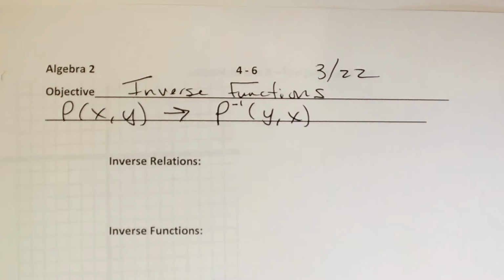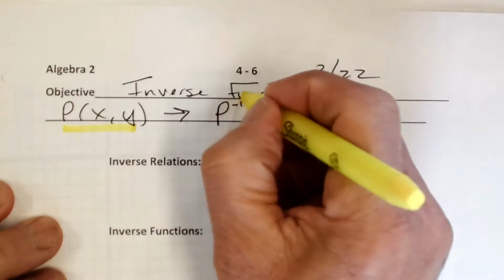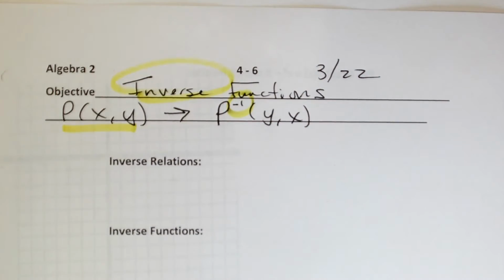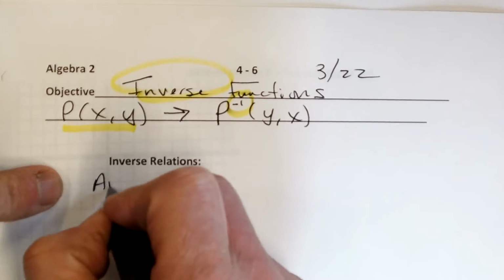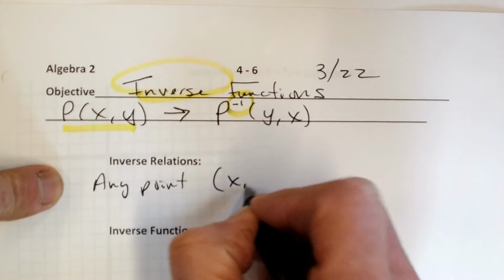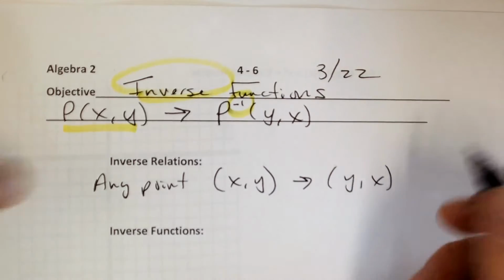So any point P is a point. To get its inverse, and this is the symbol for inverse, P negative 1, we just switch them. So if you take any point x, y, and it becomes y, x, that's an inverse relation.